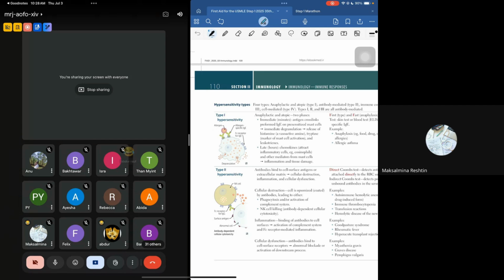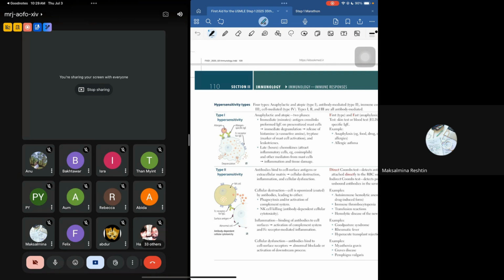Histamine is going to be released. You need to know the functions of these molecules: interleukins 1, 2, 3, 4, 5, 6, 17, histamine and all the amines, and tumor necrosis factor. All of these are very important. So this is the first thing. The second important thing is that histamine is going to vasodilate the vessels.